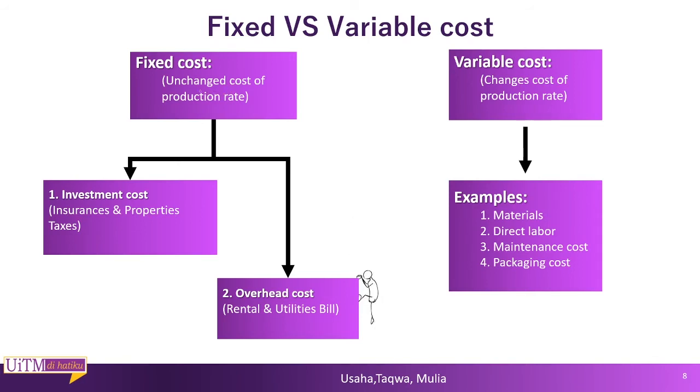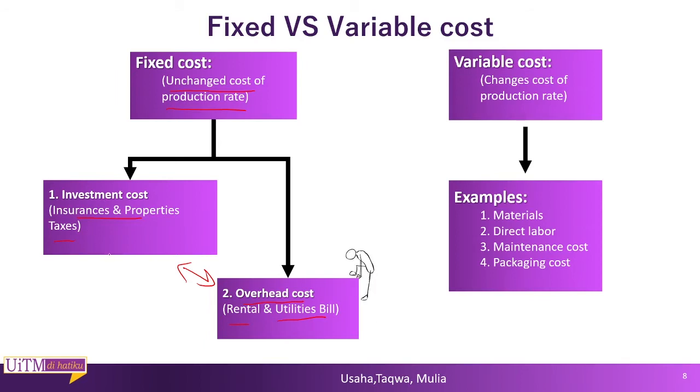Under fixed cost, we have unchanged cost of production rate. For example, on investment cost, we have insurance and property tax, and also on overhead costs, for example, rental or utilities bill. Both of these costs we pay either monthly or weekly. It is already fixed.